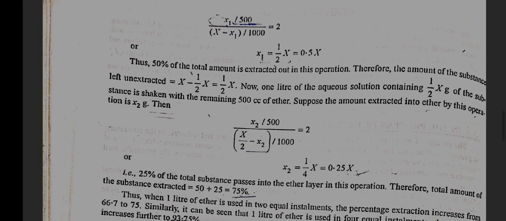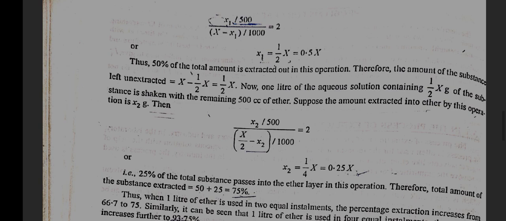Therefore the amount of substance left unextracted is equal to x minus 1/2 x, which is 1/2 x. Now 1 liter of the aqueous solution containing half of x gram of the substance is shaken with the remaining 500 cc of ether. Suppose the amount extracted into ether by this operation is x2 gram.